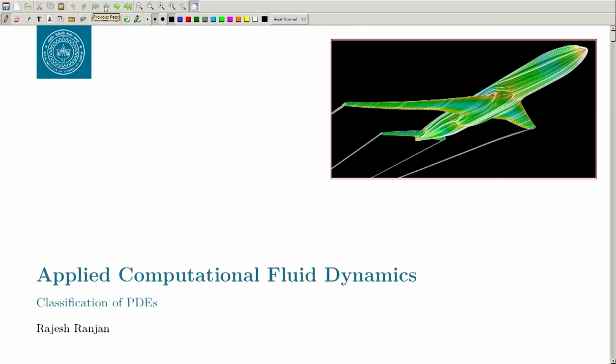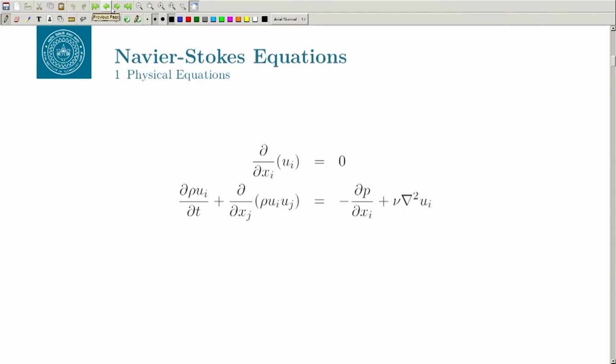So, let us start by first seeing the Navier-Stokes equation. For convenience I have used only the incompressible Navier-Stokes equation, but the discussion today does not depend on whether it is incompressible or compressible. What we are trying to see is what each term indicates, and what character they show.